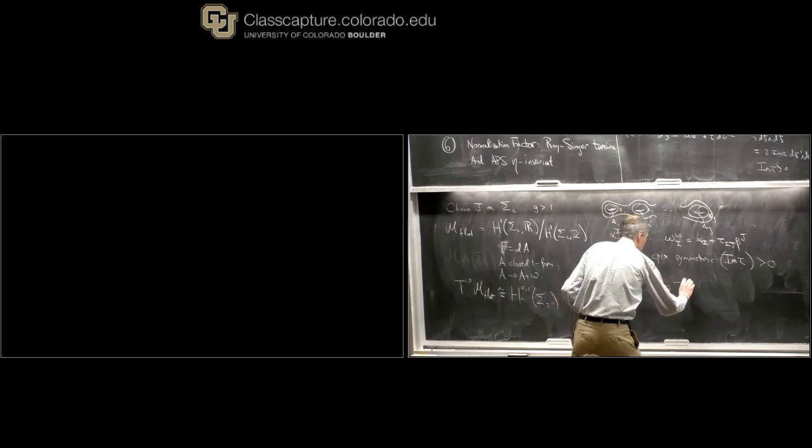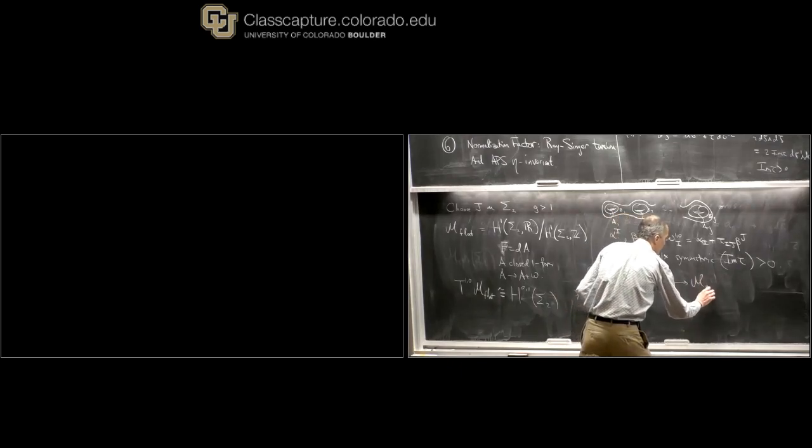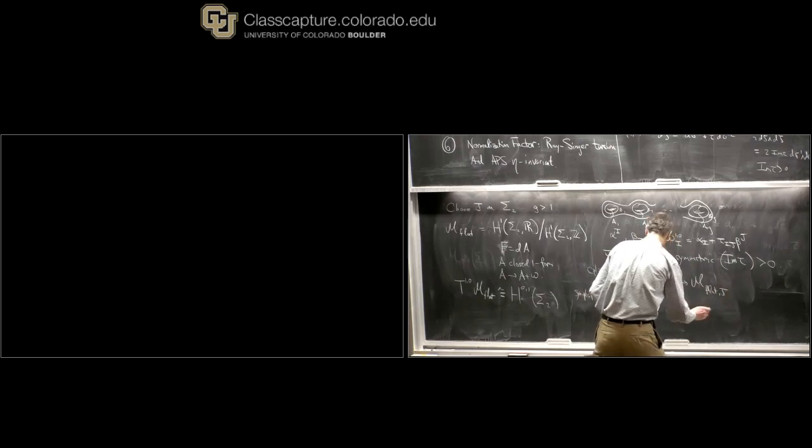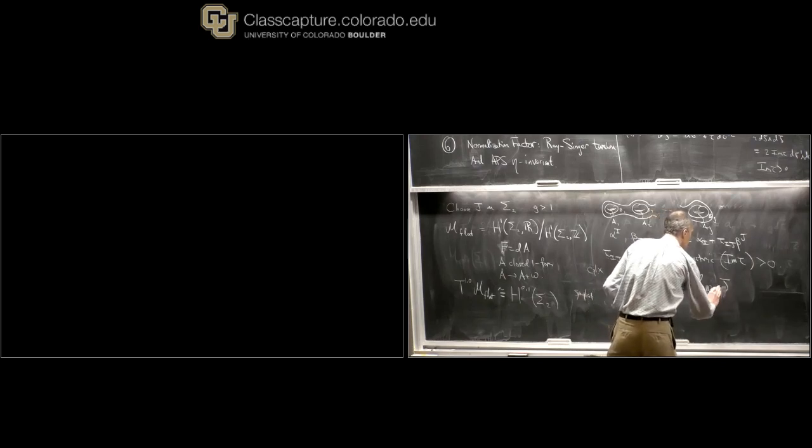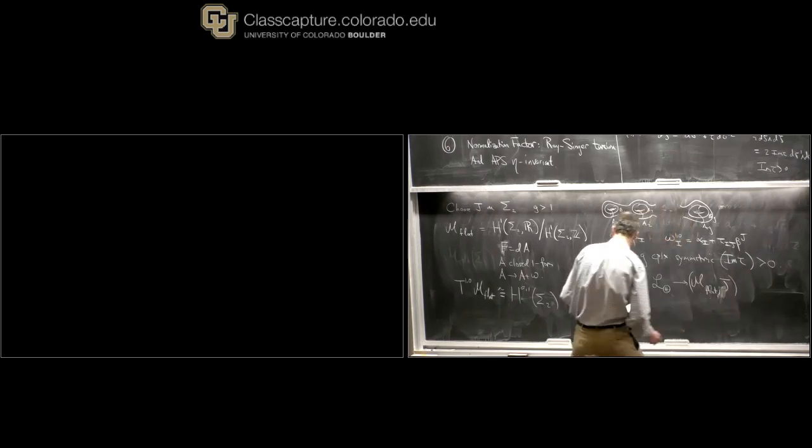So there exists a special line bundle over M flat and J, a theta line bundle.